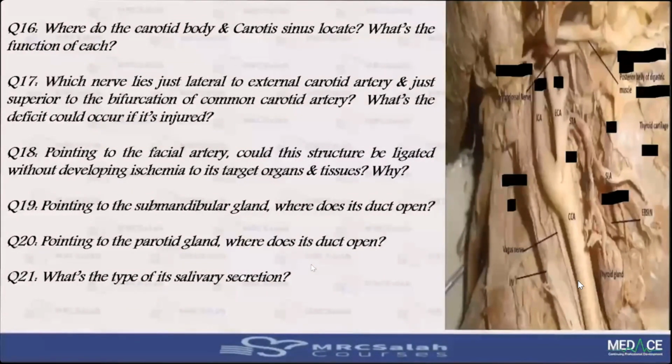Or they can say that it opens on the inner surface of the cheek, opposite to the second maxillary molar tooth. This is going anterior to the masseter and piercing the buccinator; these two should be mentioned before it opens opposite the second upper molar teeth.